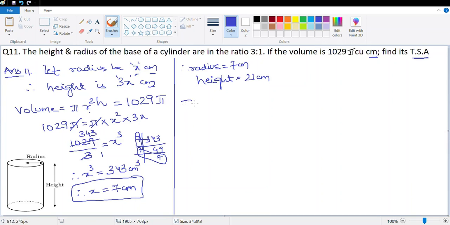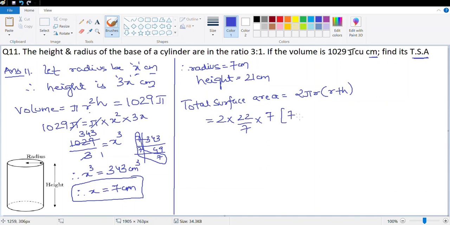Total surface area we know is equal to 2 pi r times r plus h. Let's substitute values. That's 2 into 22 upon 7 into r, which is 7. R is 7, h is 21. So 7 and 7 get cancelled. So we have 2 into 22, that's 44, multiplied with 7 plus 21, that's 28, and the unit would be centimeter square.